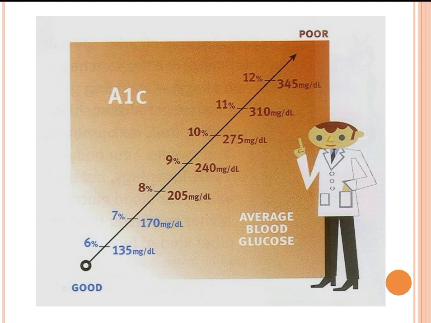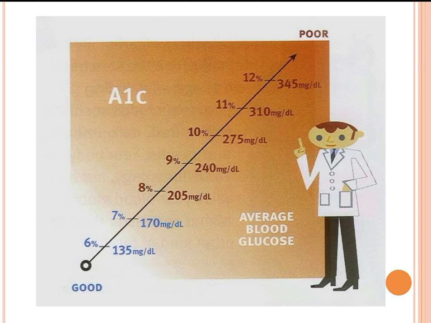Although hemoglobin A1C results are given in percentages, they can be converted to average blood glucose levels in mg/dL. So 6% would be 135 as an average, 7% would be 170 as an average, etc. And you see at the top there, 12% means that the person's average blood glucose level has been 345.